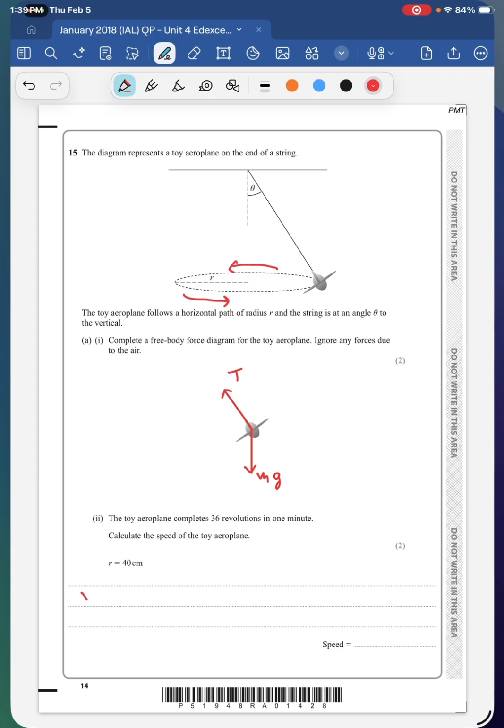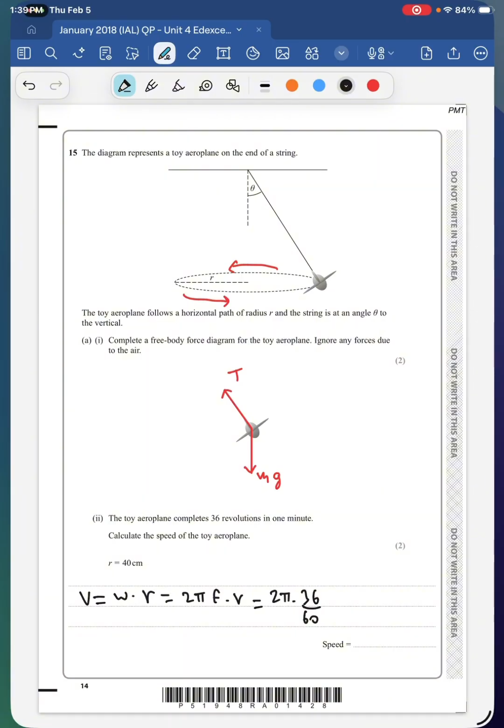Okay, so v, and they give us the radius, which we will need. The linear velocity is omega times the radius, right? And omega is 2 pi times the frequency. And now the frequency is 36 over 60, because we have 36 revolutions per 60 seconds.